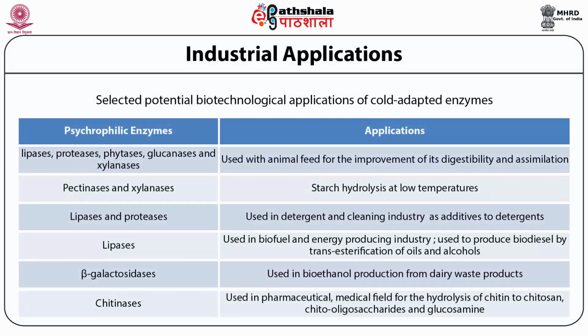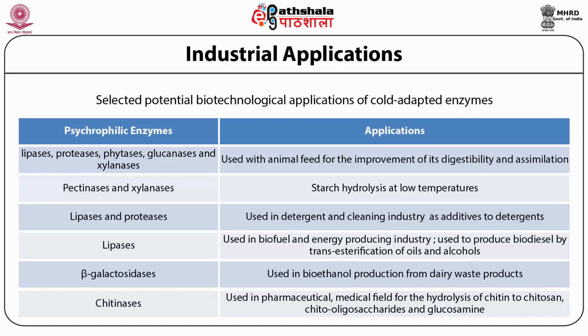Here are some examples of these psychrophilic enzymes: lipases, proteases, phytases, glucanases, and xylanases. All these hydrolytic enzymes, which are active at low temperature, have found application in the animal feed industry, where their use leads to improvement in the digestibility and assimilation of the animal feed.